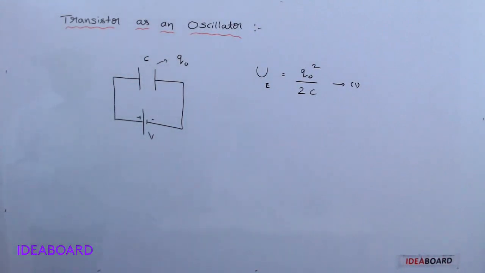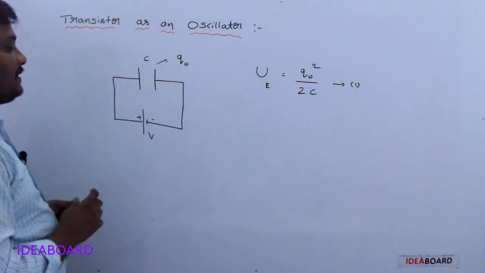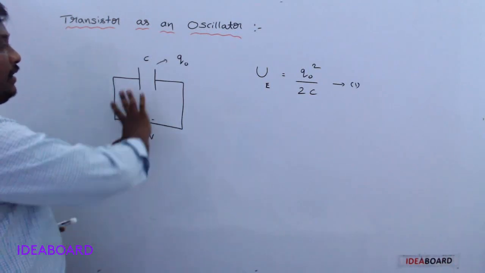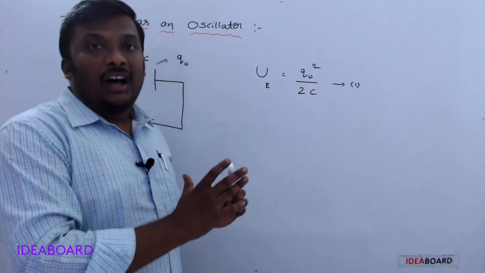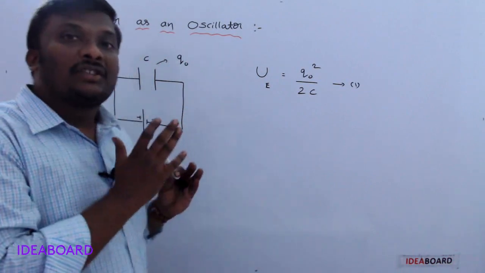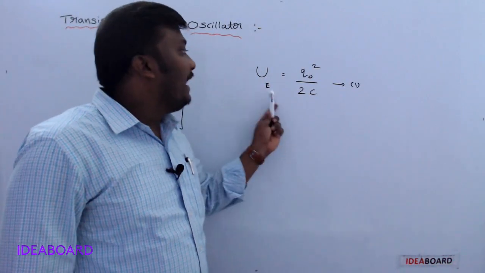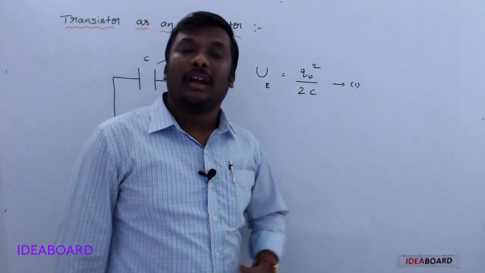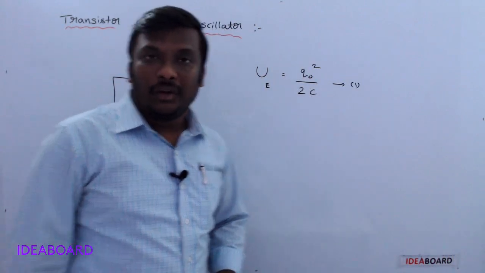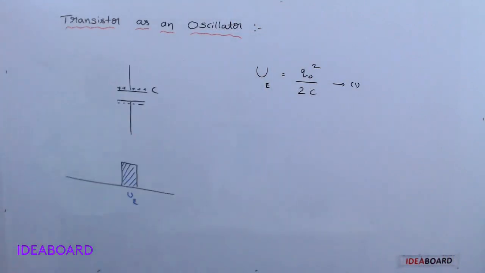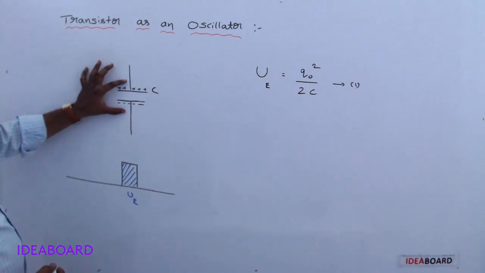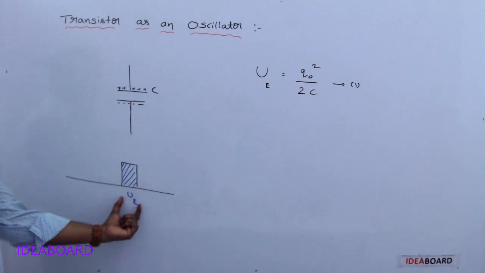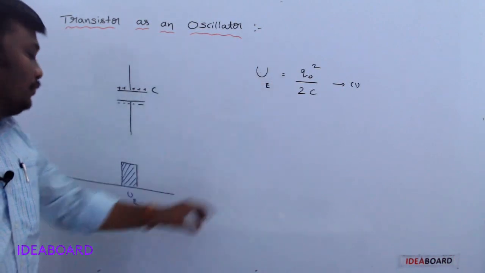Clear? Here we take one uncharged capacitor which is connected to a battery. Now the capacitor is completely charged. So the charge within the capacitor is stored in the form of electrical energy, with the formula Q naught square by 2C. Now the capacitor is fully charged and it has an energy of UE, that is Q naught square by 2C.